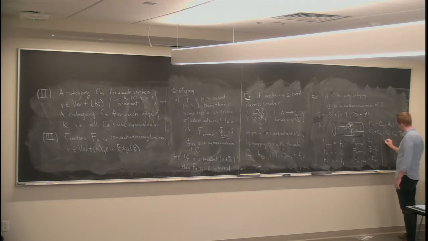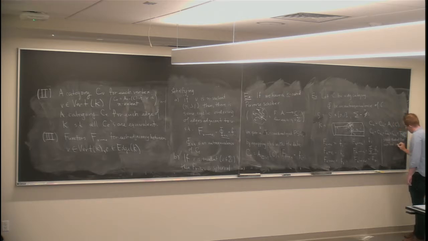So you should think of this as a local system of categories on the cylinder with monodromy given by phi. Okay, so that's essentially what the state is representing.